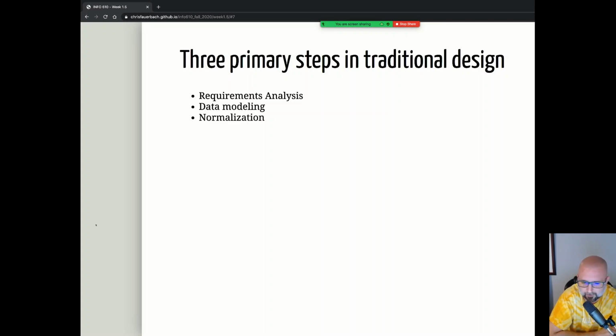We're going to be looking at the domain of supply chain or the domain of warehouse management. So figuring out what the people in the warehouse need is the requirements analysis. Do they need the ability to have multiple SKUs for a product? Different vendors have different products, but they're maybe the same product.